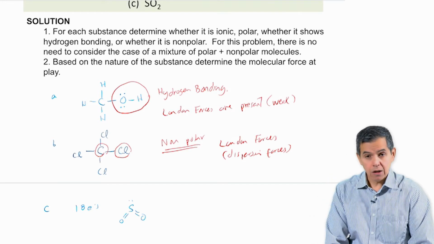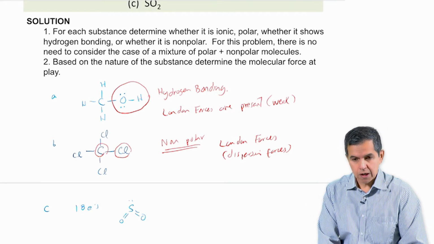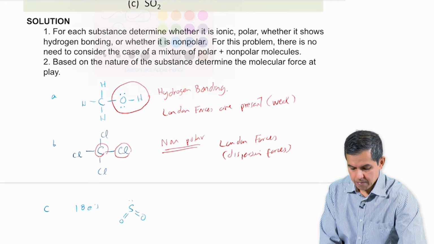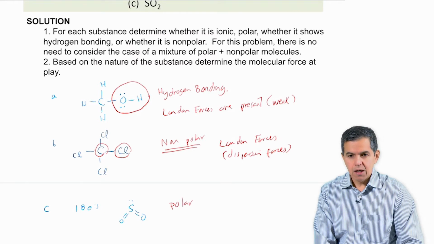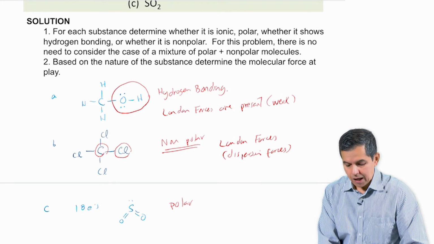Immediately we can see that, due to the differences in electronegativity between sulfur and oxygen, this molecule is going to be polar, as the polarity of the bonds does not cancel out, so the molecule itself is polar.